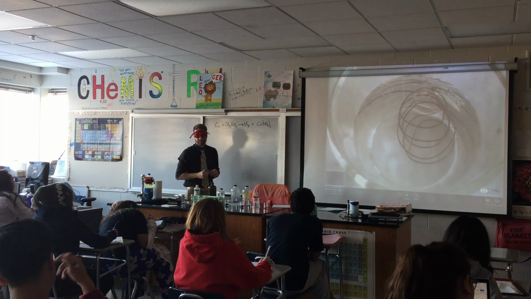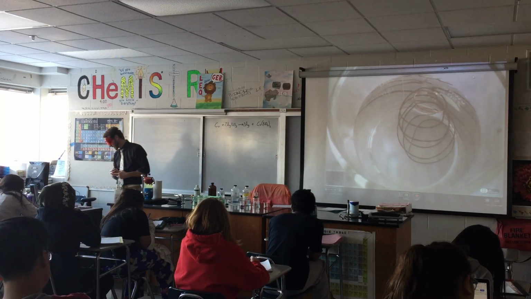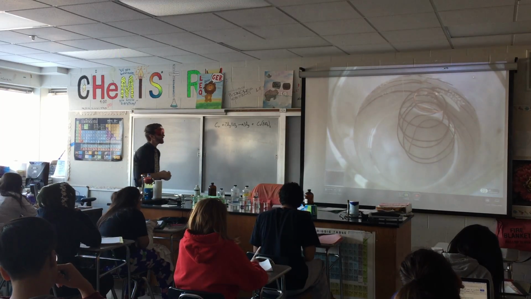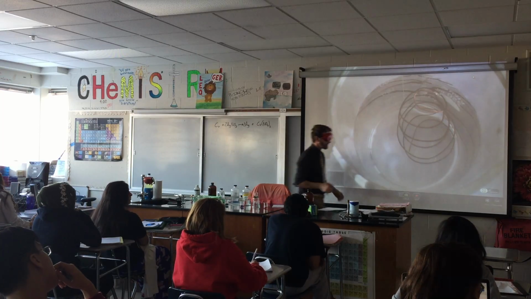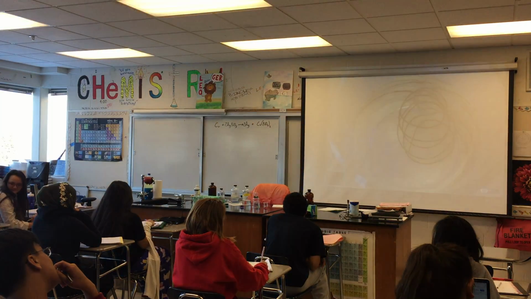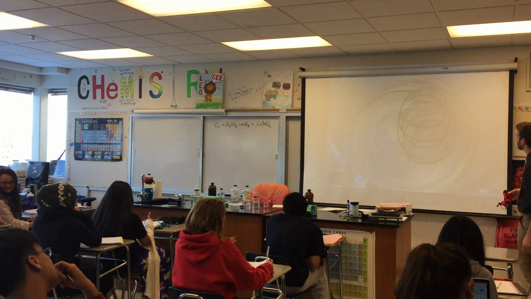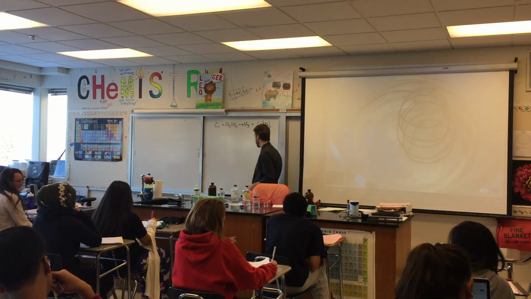Now it is. But what we're interested in for this reaction is not really the stoichiometry. We're interested in the fact that this is an oxidation reduction reaction. Alright, so we'll let that thing go. We'll watch it for a little while.